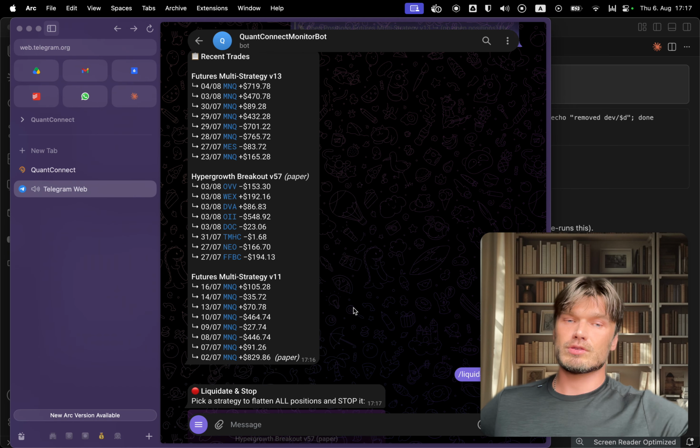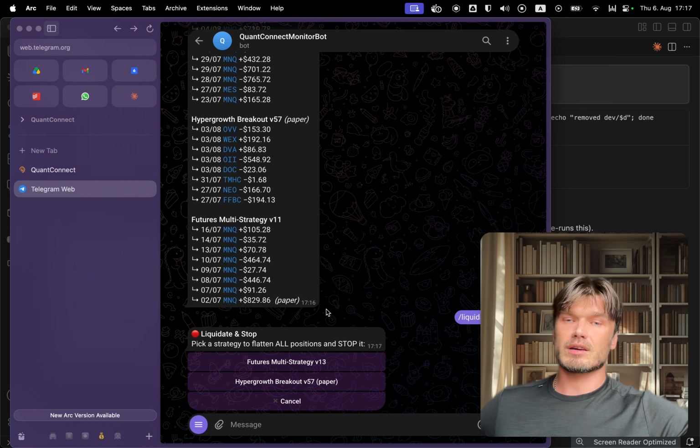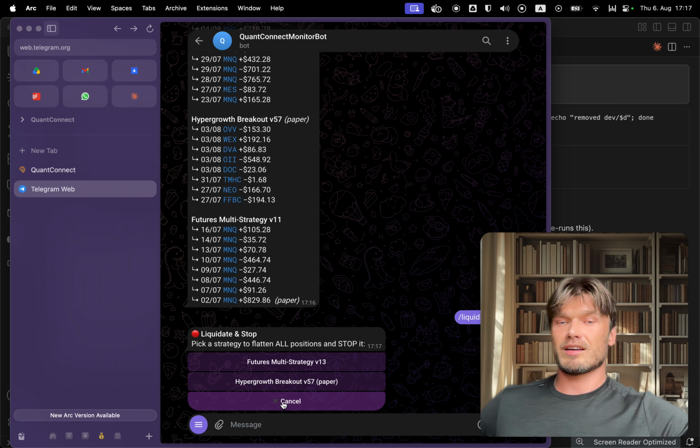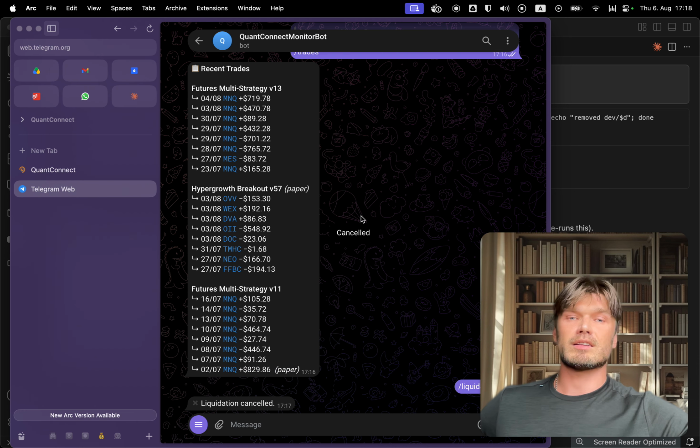I've implemented this so that as soon as I run this command, it's going to ask me which strategy I want to close all the positions on and stop. I don't want to do anything right now, but it's going to double confirm, and then it's going to terminate it instantly.